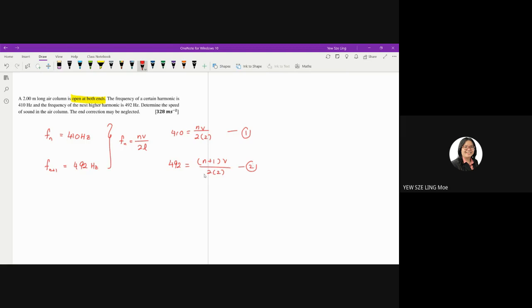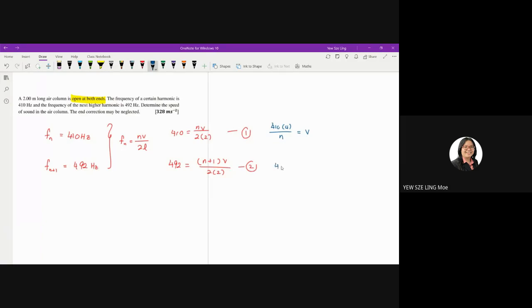So now I can use simultaneous equations to solve both equations. The easiest way would be to determine the number of the harmonic first, to determine the n first. Rearrange the equations, then I will obtain 410 times 4 divided by n equals v.